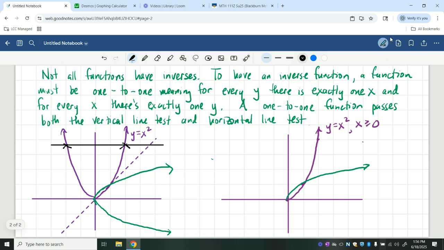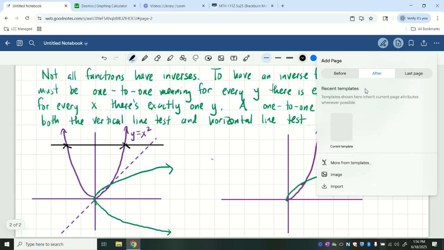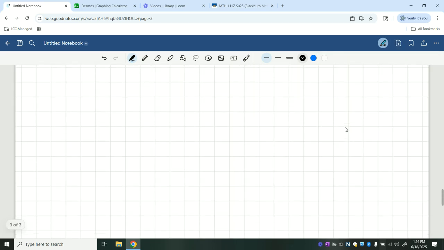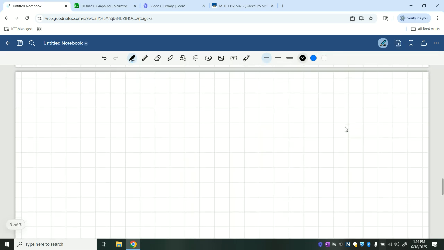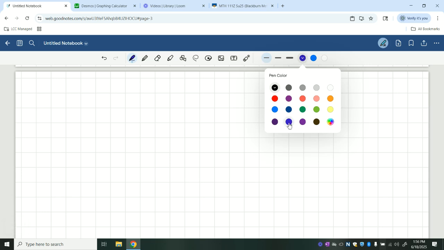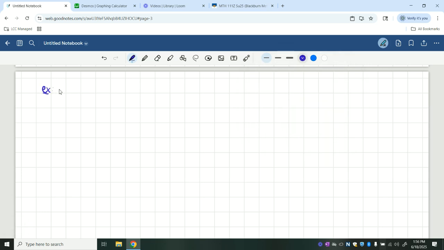Suppose I give you this one then, because there's one like this on your assignment. This lesson's pretty long. So let's find f inverse of x for f of x equals x minus 2 squared with x being greater than or equal to 2.